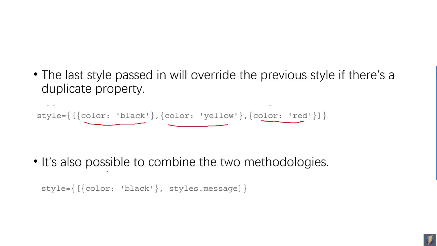So it is also possible to combine styles. We also introduced this before. This is a combination of two styles. You can see this is the arrow mark, from the start to the end of the array.